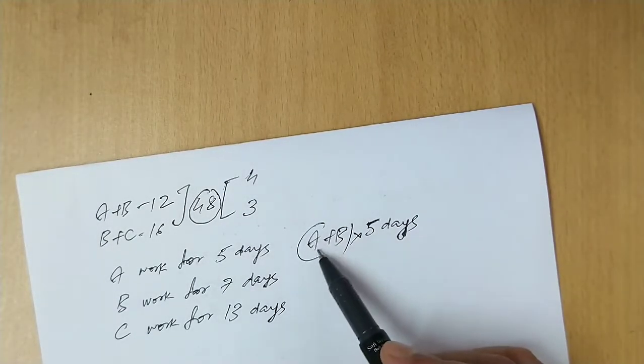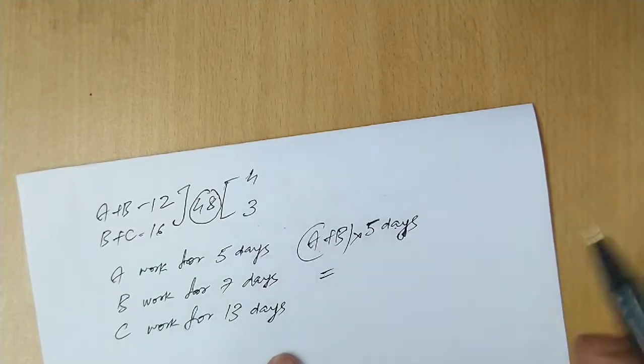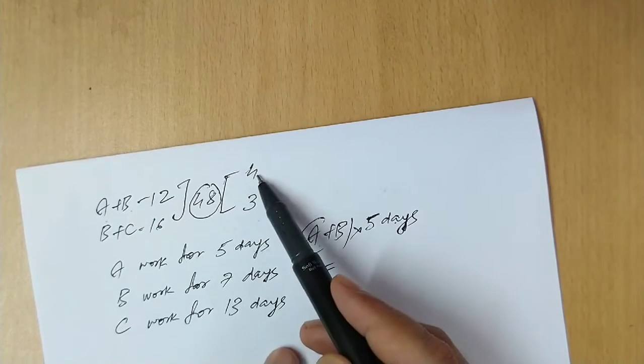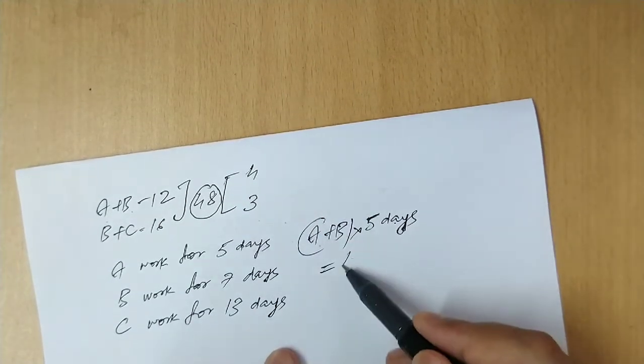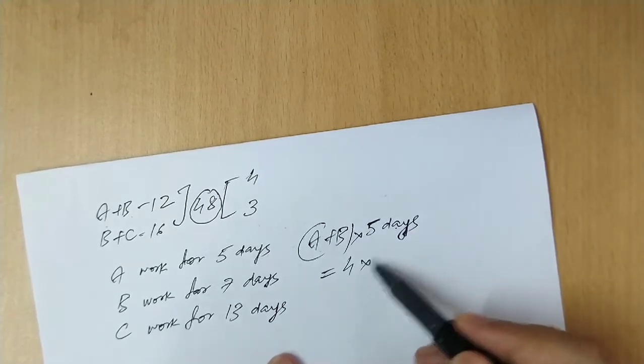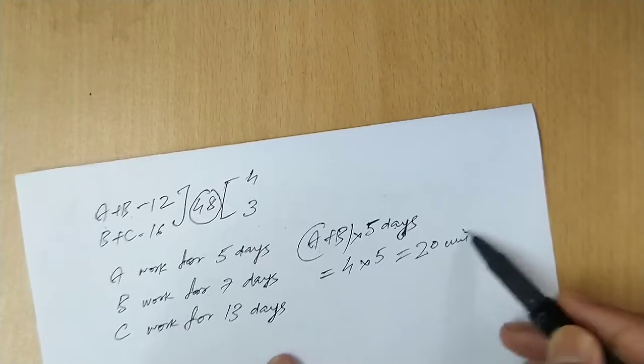If A and B work together for 5 days, how much work will be completed? We know that if A and B work together, they can complete 4 units of work in a day. So in 5 days, they will be able to complete 20 units of work.